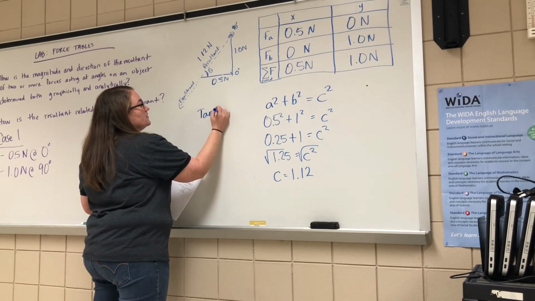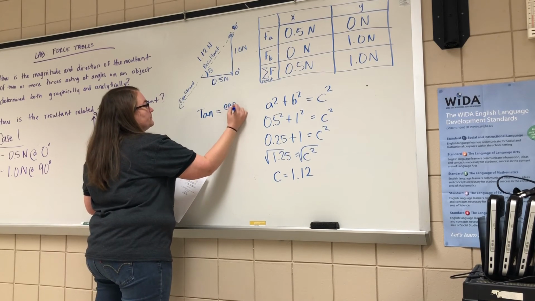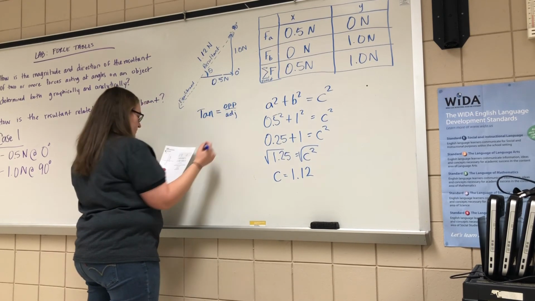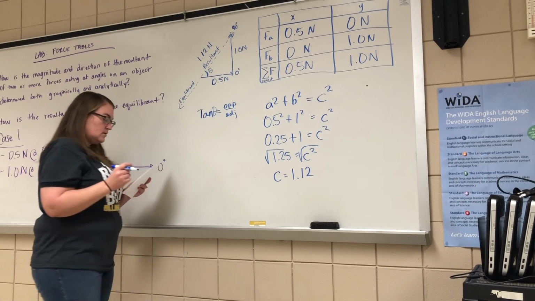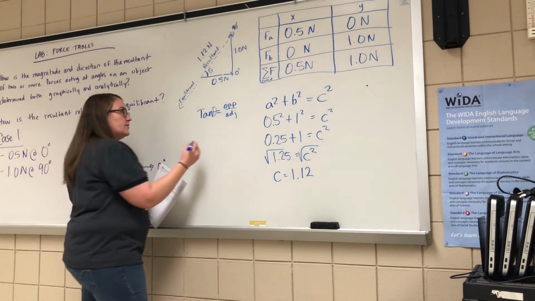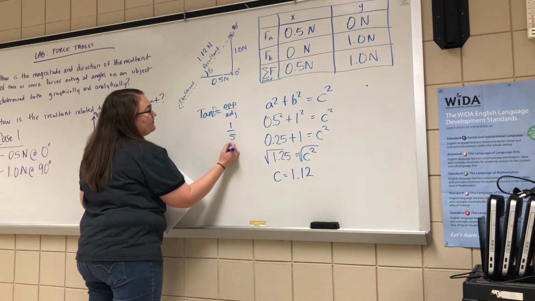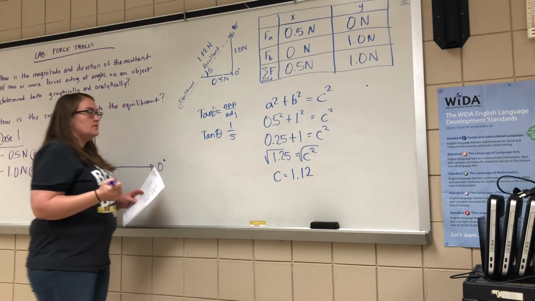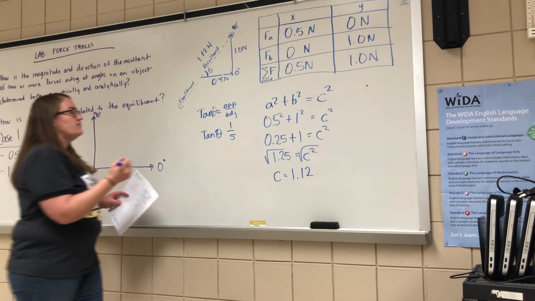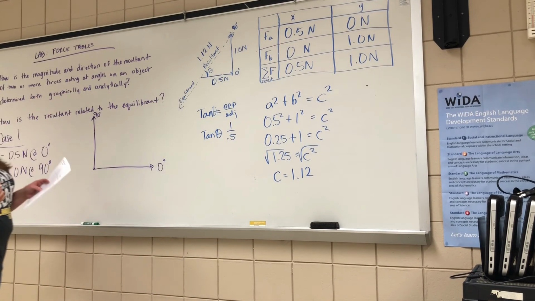Tangent is equal to opposite over adjacent, correct? All right, so if we plug in, opposite is 1 over 0.5, my bad. 1 over 0.5.